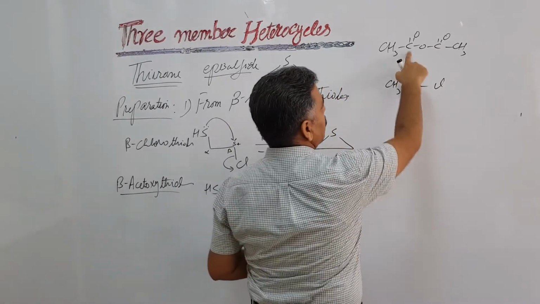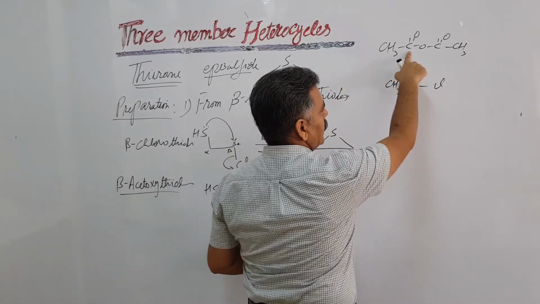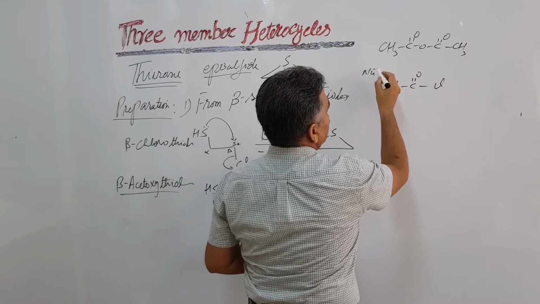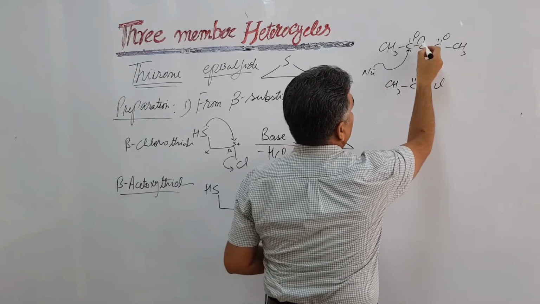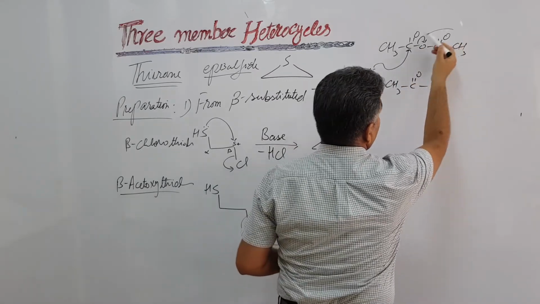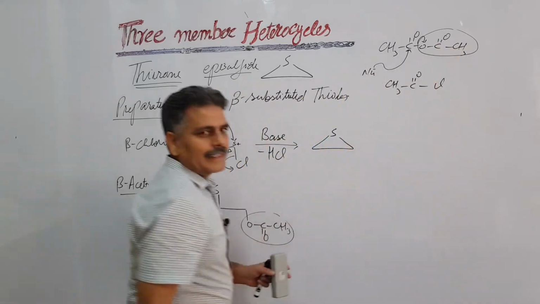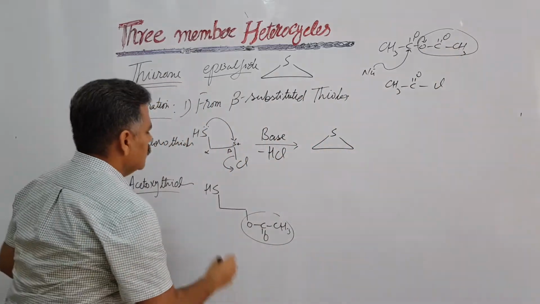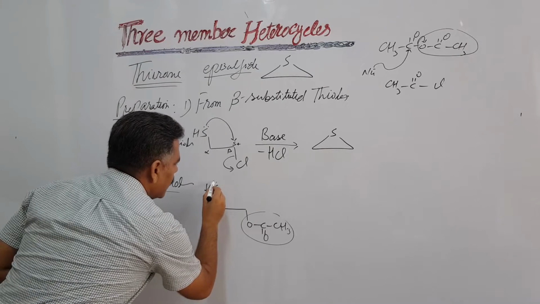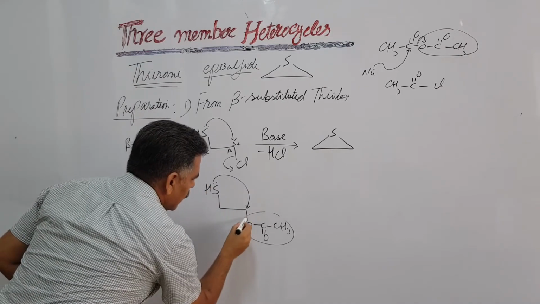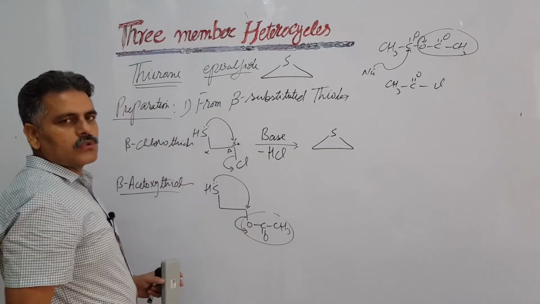So these two carbons are electrophilic in nature and the nucleophile attacks at this carbon and replaces this OCOCH3. So it means this OCOCH3 can act as a good leaving group. So this S attacks at this carbon and replaces this OCOCH3.